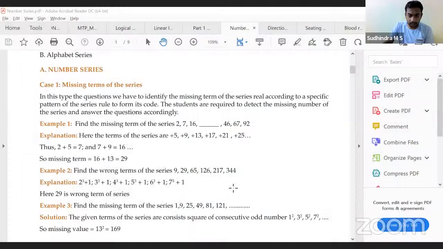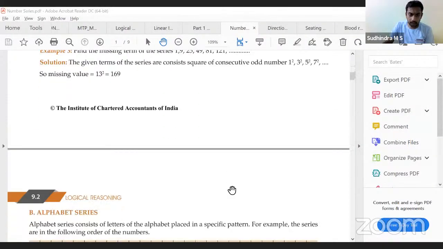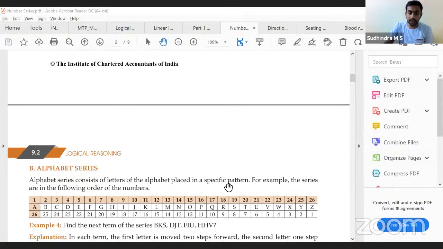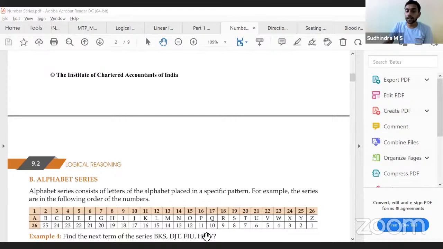Okay, next one. Find the next term of the series, alphabet. BKS, DJT, FIU, HHV. JGW. Okay, how are we getting this?